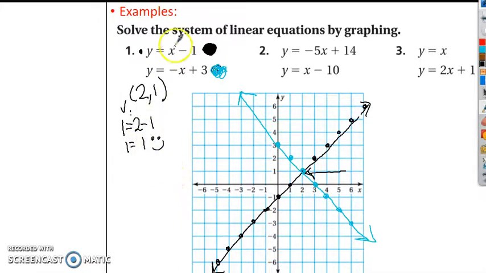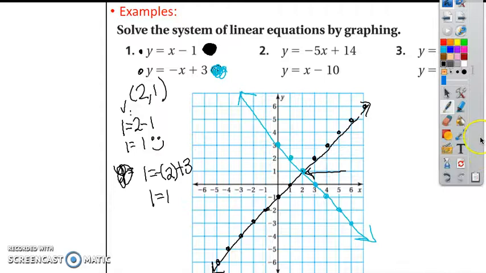Then we should get the same thing for equation number 2. 1 equals negative 2 plus 3. 1 equals 1. Great, we did it right. All right, let's move on to number 2.